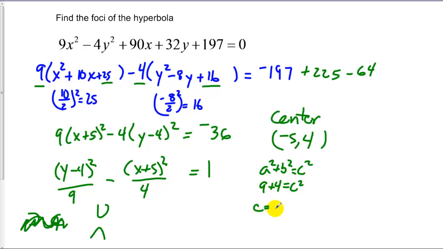Therefore, C is equal to plus or minus root 13. And I'm going to move root 13 in an upwards and downwards direction from my center in order to get my focal points. So foci are at -5 and 4 plus or minus root 13.